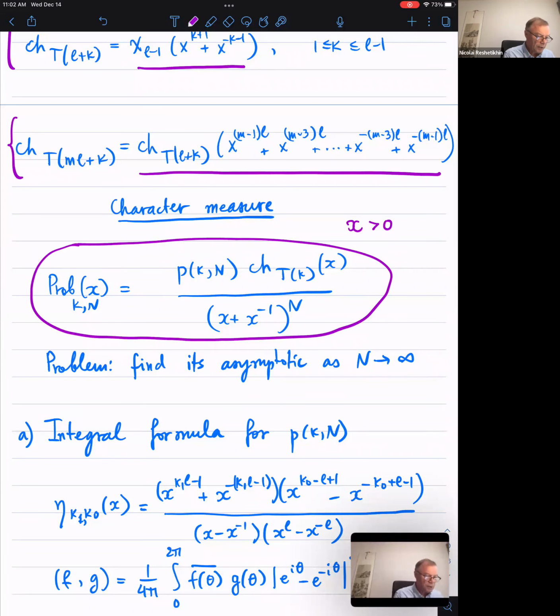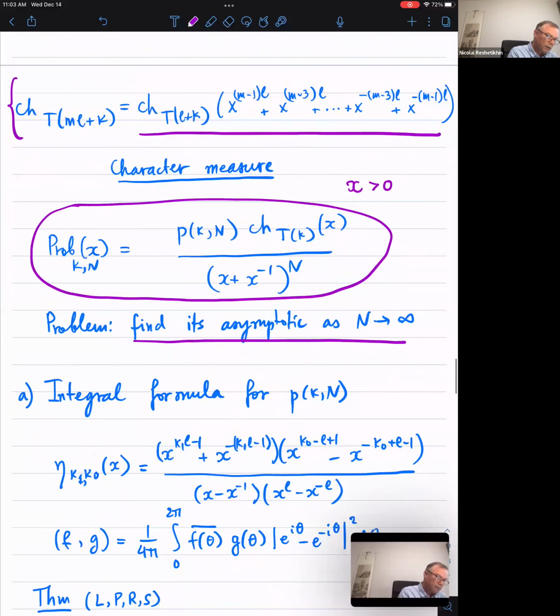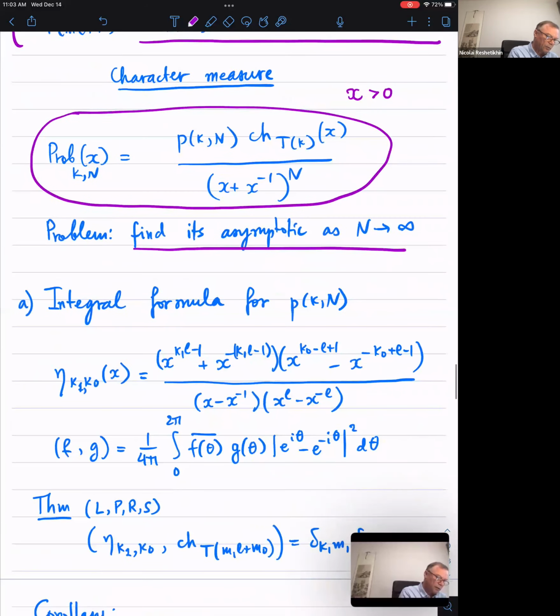So this is a probability measure, and of course, if you're interested in this asymptotic representation theory, we want to know what happens as n goes to infinity. There are several ways to approach this problem. One way is to study the Markov process that corresponds to this probability measure, and then study the asymptotical behavior of this Markov process as n goes to infinity.